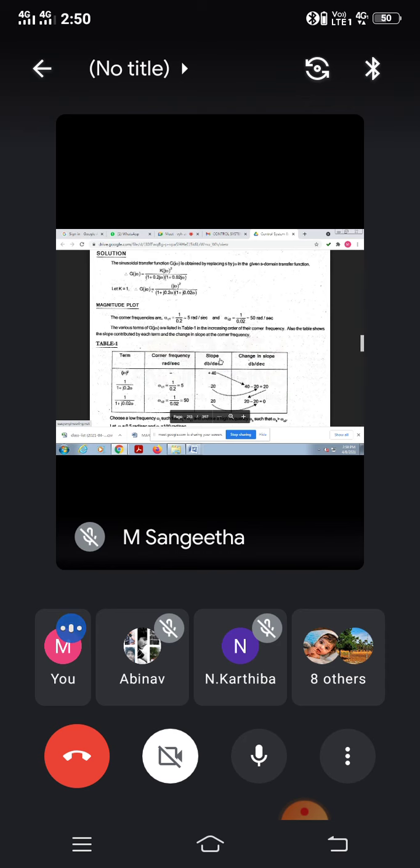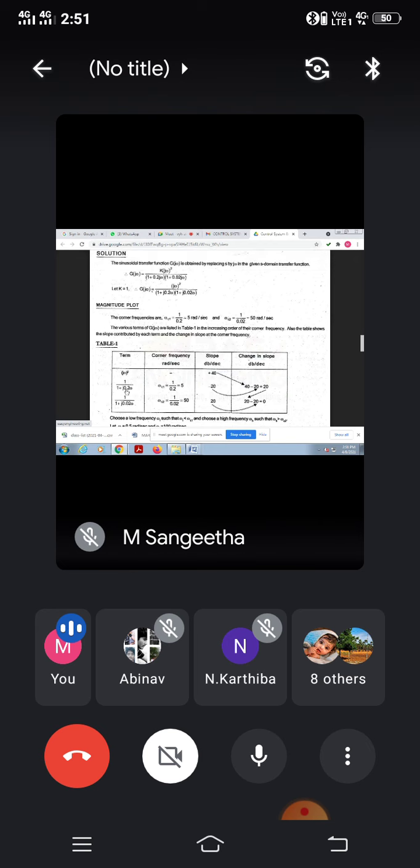Next, move on to slope. Slope in the sense, when the s term comes across in the Bode plot equation, there we have a slope. Wherever s is present, you put 20 for that s. If s is in the numerator, you put plus 20.